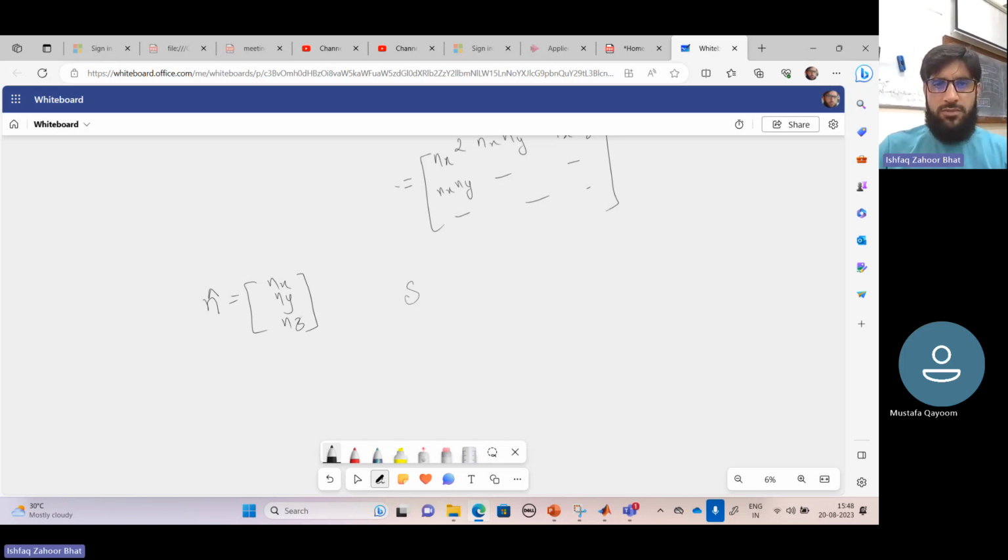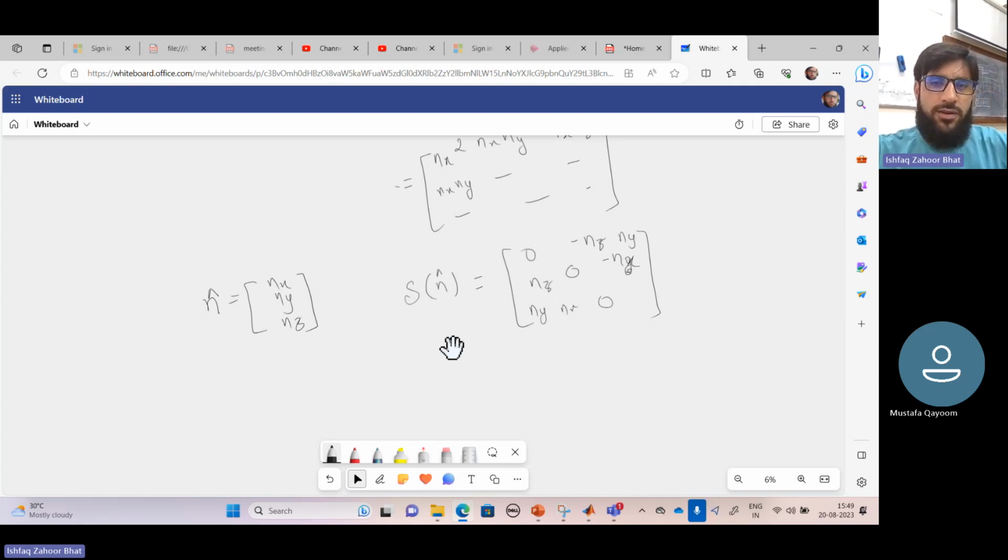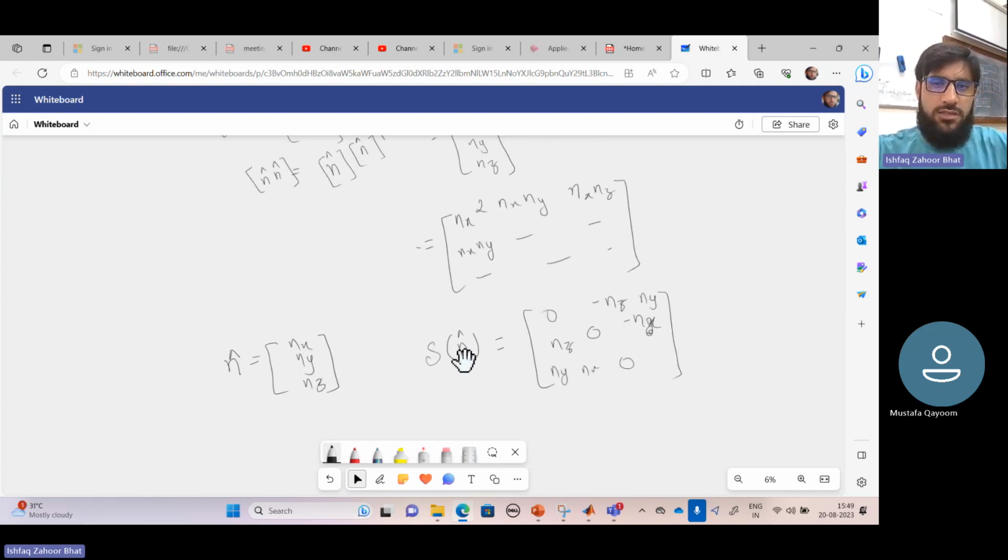The skew-symmetric matrix associated with such a vector has zeros on the diagonal, and then there is minus ny, nx, nz, and ny, and nx. Hope I am writing correctly. Thanks, because sometimes you can make a mistake. Yeah, it is correct. So this is the skew-symmetric matrix associated with this vector.